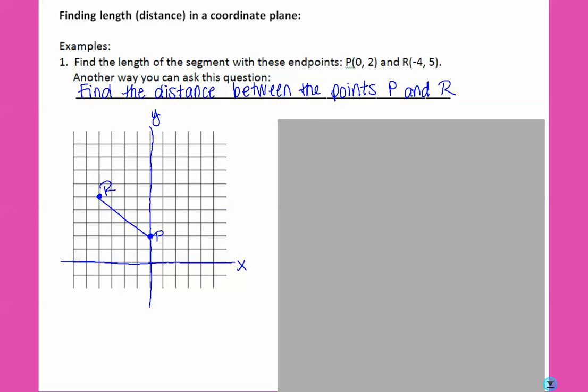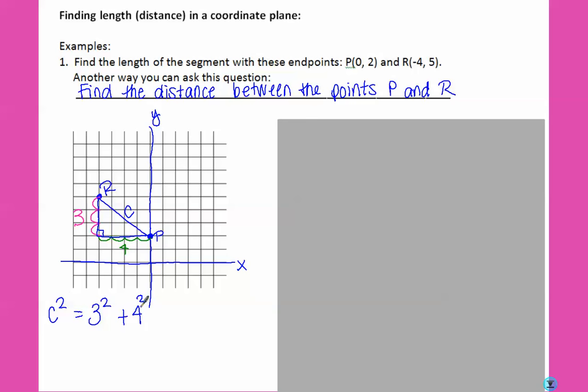What we can do, though, is look at how far they are apart vertically, which is 3, and how far apart they are horizontally, which is 4, and now we've created a right triangle, and we can use the Pythagorean theorem. So if C is our distance, we know that C squared equals 3 squared plus 4 squared.